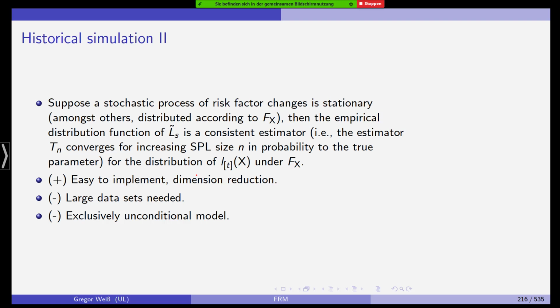You cannot use time-varying moments, for example. So this is historical simulation. In other words, what you're doing is using the histogram to approximate the true distribution.